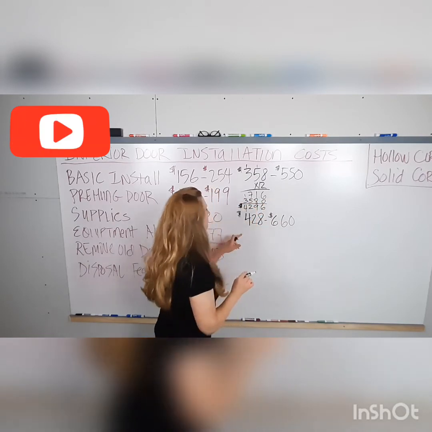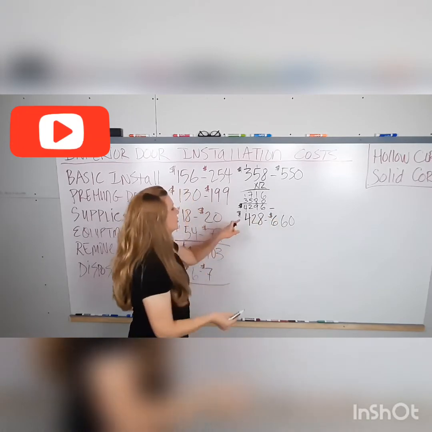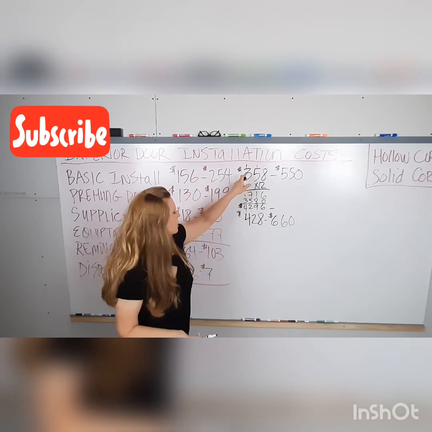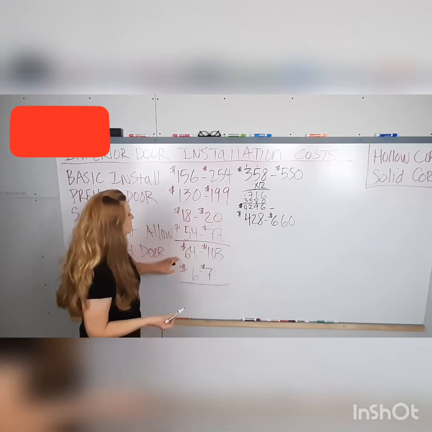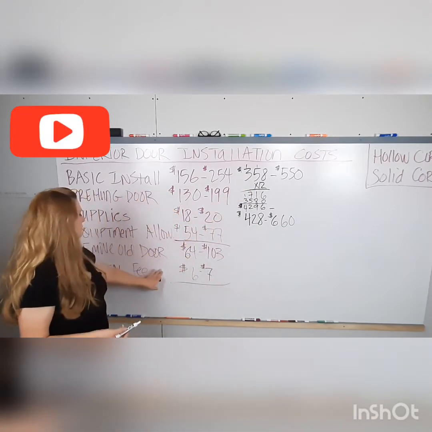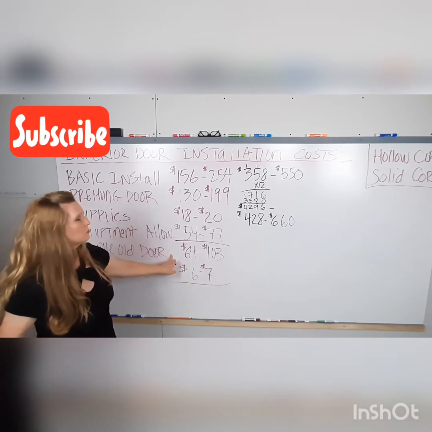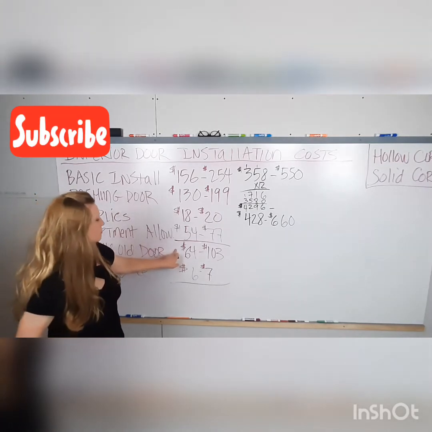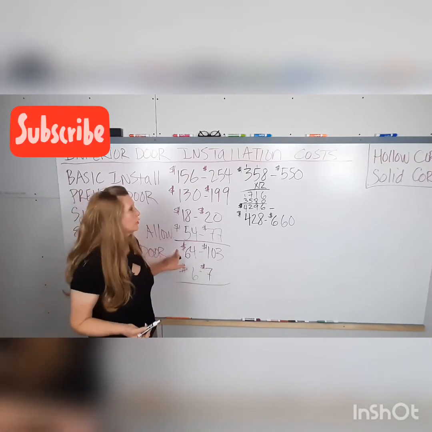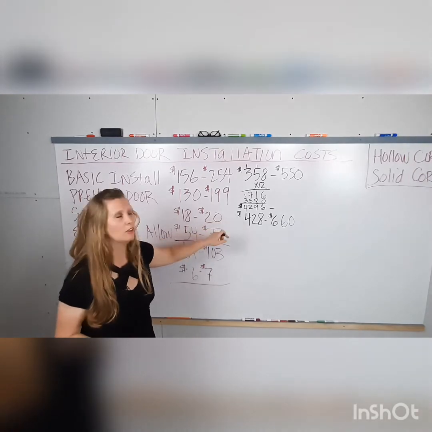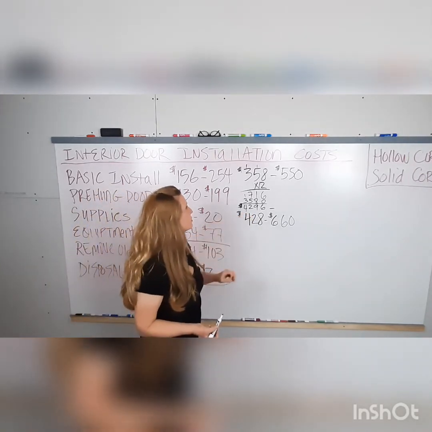Wow, $4,296 to do all of my doors, just the lower end, without doing the disposal fee and removing the old from the rough opening to make room for the new. If I did that myself, I'm looking at, wow, $4,296. That's on the low end.